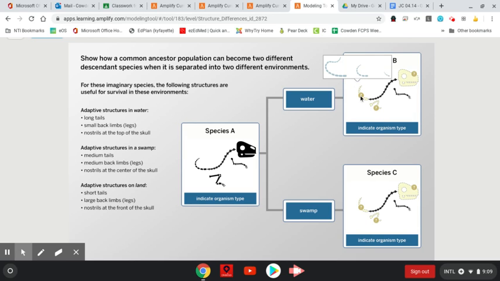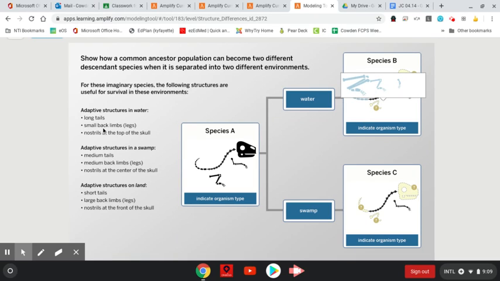Then you have to click each one of these question marks and change the features or the structures. So for example, this is water, and it says would have a long tail. So I would pick the one with a long tail. And I would do the same thing for the back limbs.